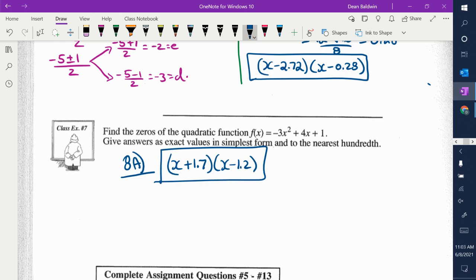What did I do wrong? I got this one. So one thing about this is, I am not using it.